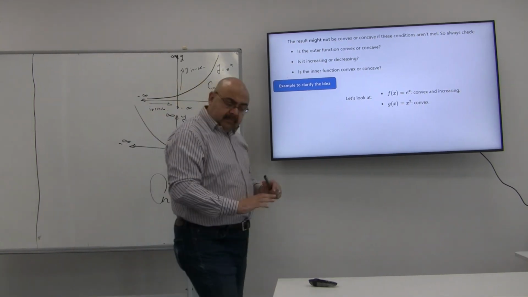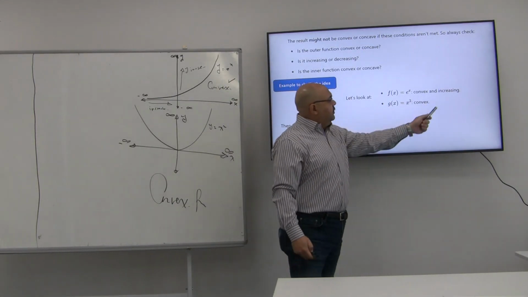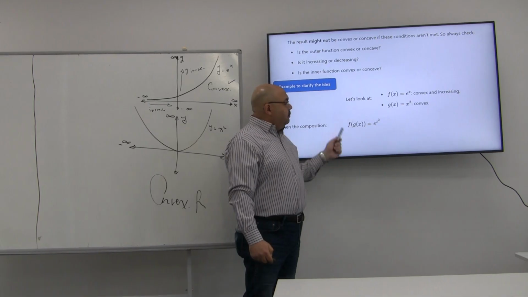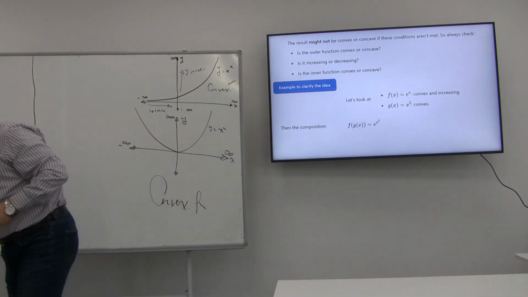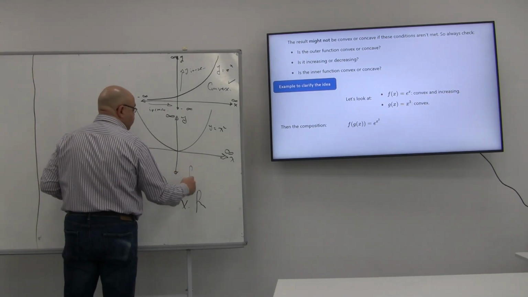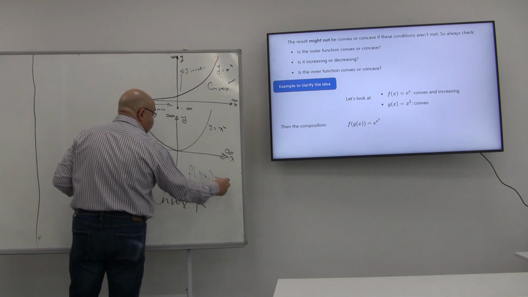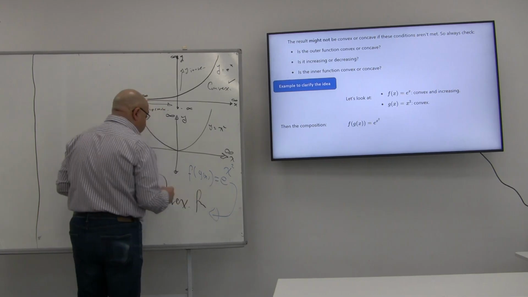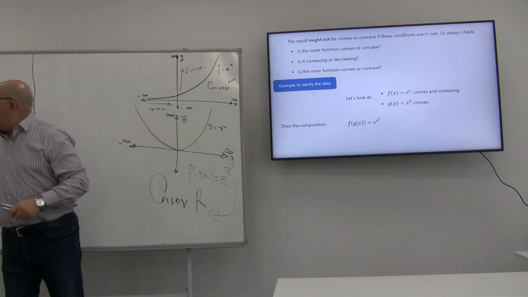So it's very simple, as I told you. That's a convex and increasing function. That's also a convex function. So the composition between both of them, f composite g of x, you will end up having e to the power of x squared, which is, as I told you, a convex function. So it's really very simple.